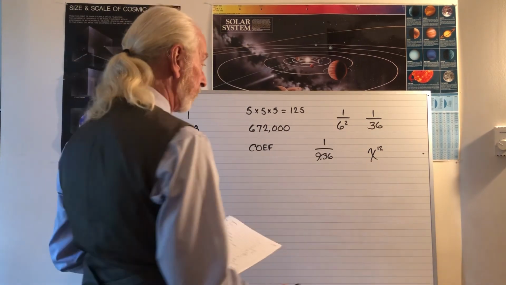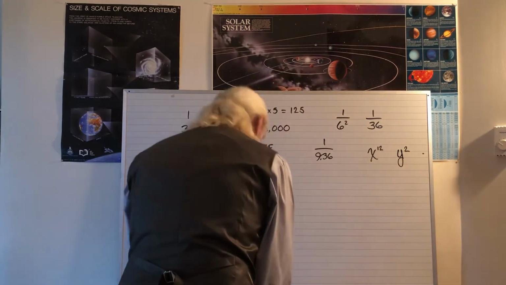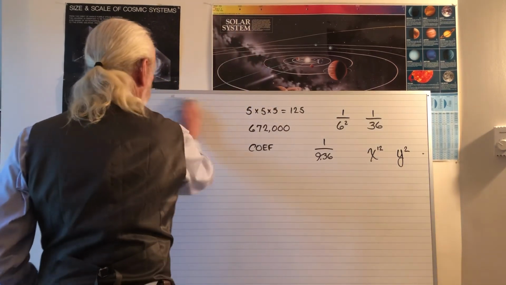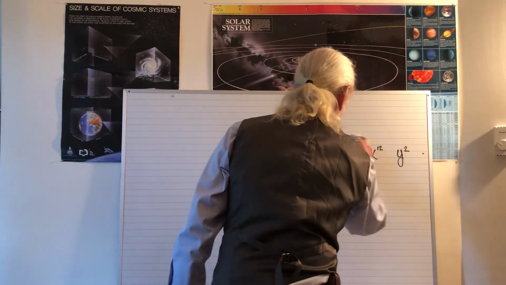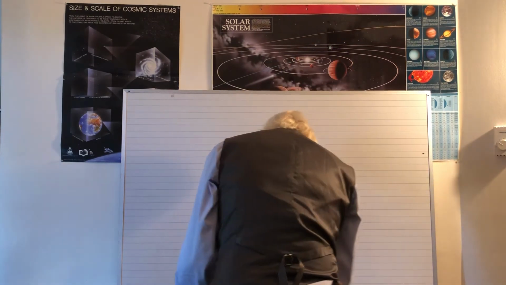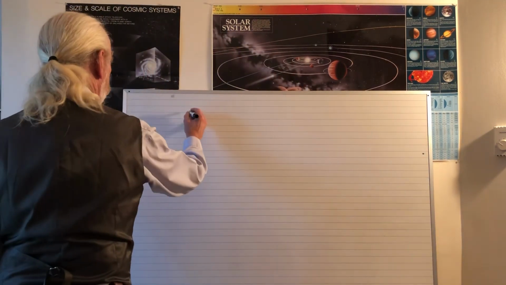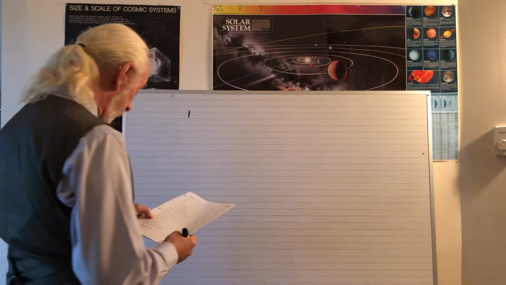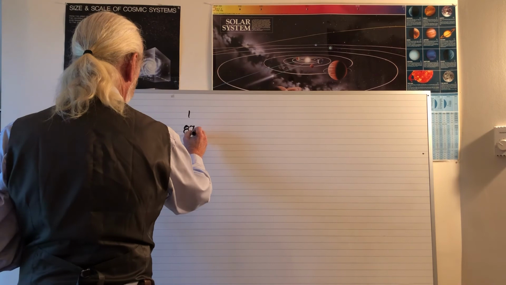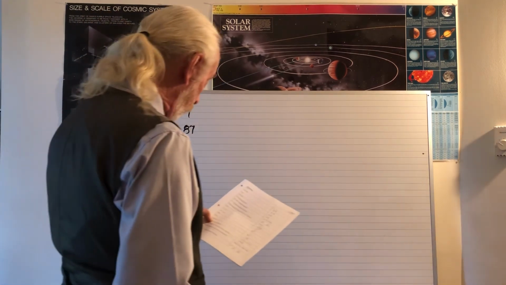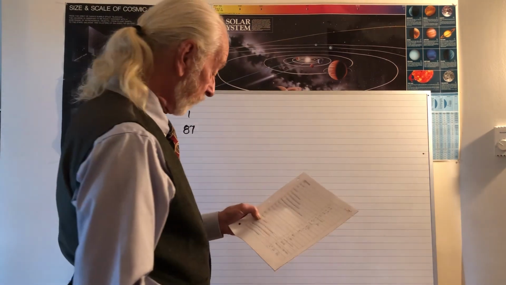The answer is y squared. 53 to the 0 power, that equals 1 all day long. 87 to the 1st power equals 87. 2.38 times 10 to the 0. 10 to the 0 equals 1, so the answer is 2.38.